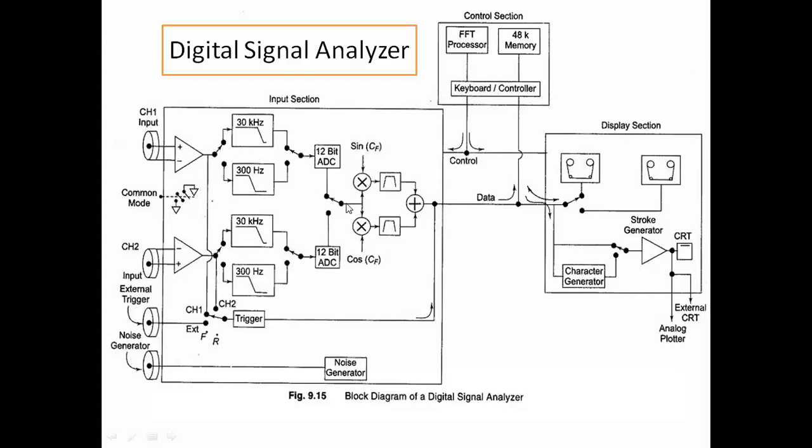So with one channel we will get the information in this way, and another channel will be produced by connecting the switch to this lower 12-bit ADC, and both the signals will be sent to the control section. So with that, in the fast Fourier algorithm, we can identify the similarities of those two, and from that we will get the output, and that output will be displayed on the CRT in the form of a spectrum.